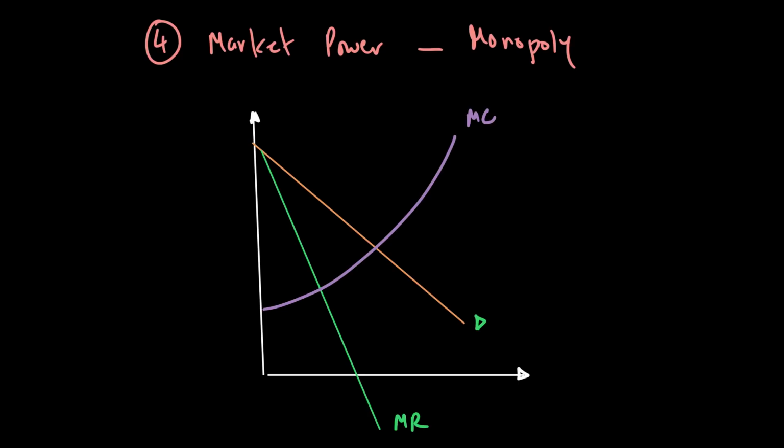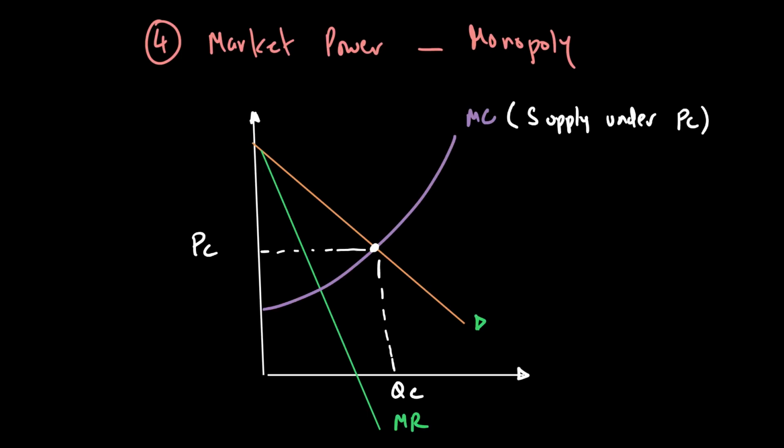Now, if this market was perfect competition, this is also supply under perfect competition. So if this market was perfectly competitive, the price would be PC and the quantity would be QC. But because this market has a monopoly, the monopoly produces where MC equals MR. So the monopoly produces at this point, therefore they end up producing QM and the price will be PM.